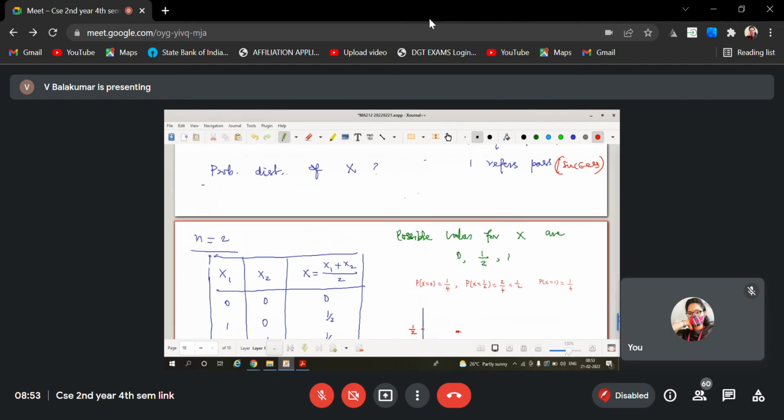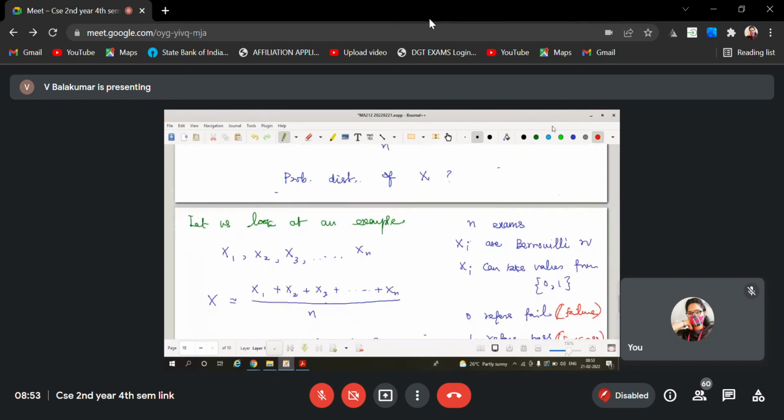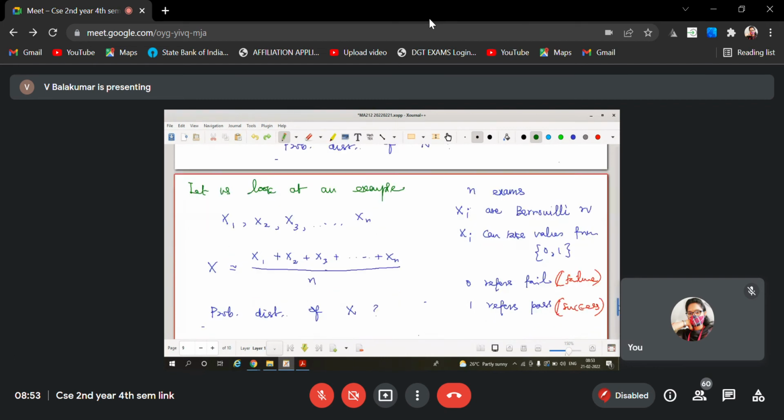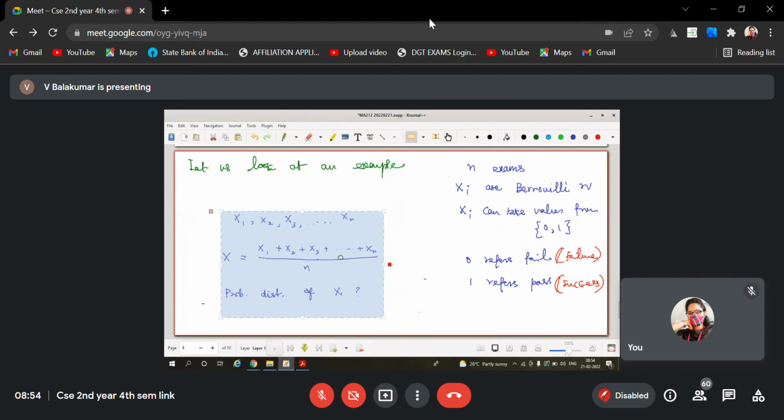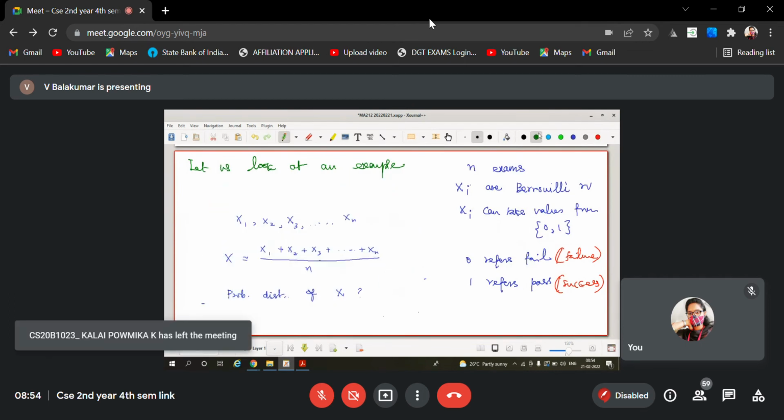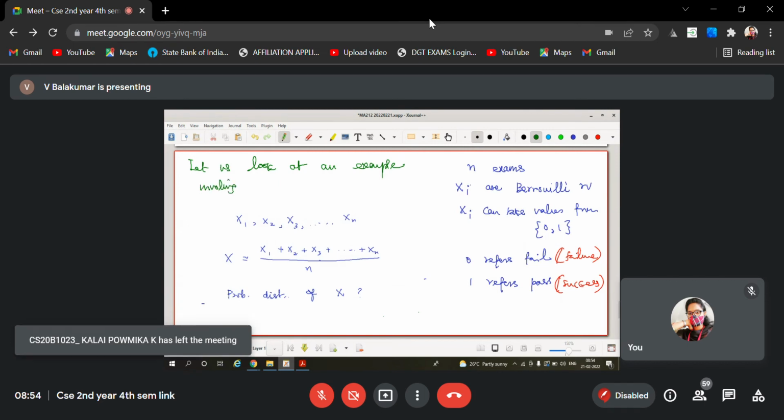Let us look at an example. Discrete case. We are not looking at a continuous random variable, but involving a discrete random variable.